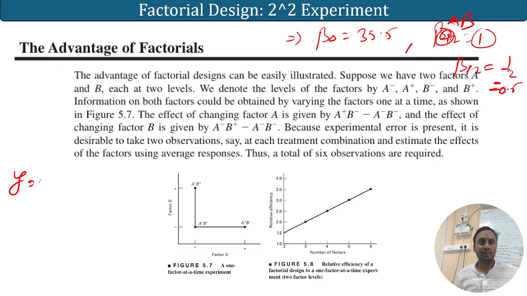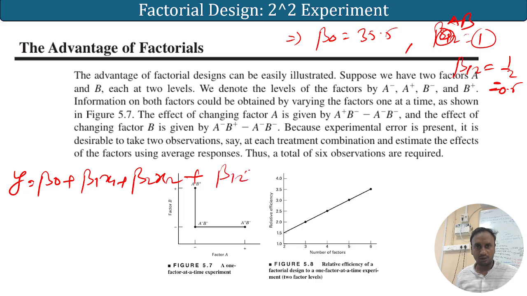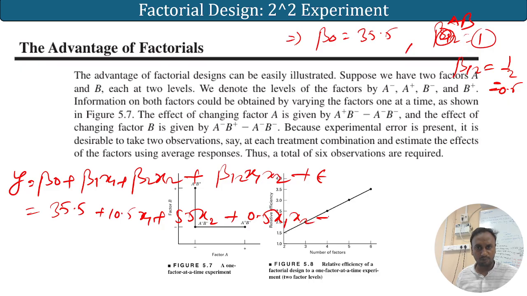So beta 1 2 will be 1 by 2.5. What is the fit line? Beta naught plus beta 1 x1 plus beta 2 x2 plus beta 1 2 x1 x2 plus error. So 35.5 plus 10.5, or how much was the value actually? 10.5 x1 plus 5.5 x2 plus 5.1 x1 x2.